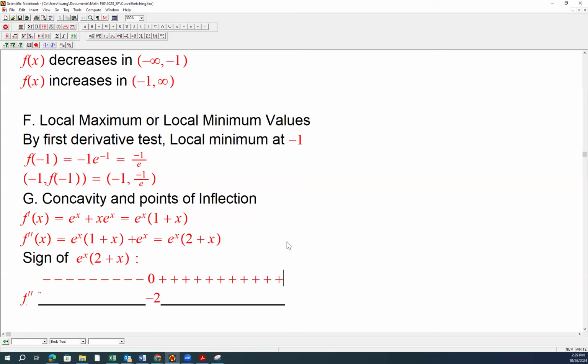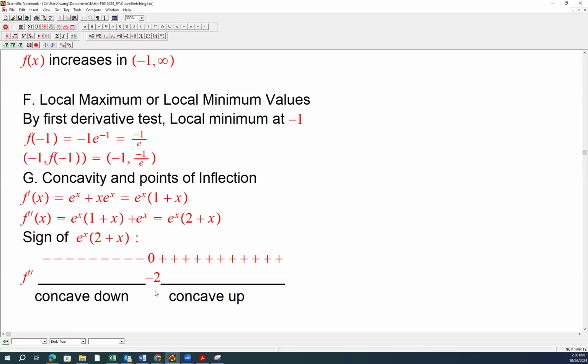So less than -2 and larger than -2. This tells us that on the interval from negative infinity to -2, the function is concave down. On the next interval from -2 to infinity, it's concave up.